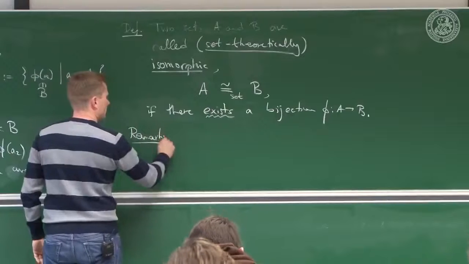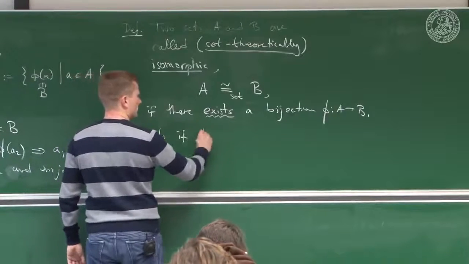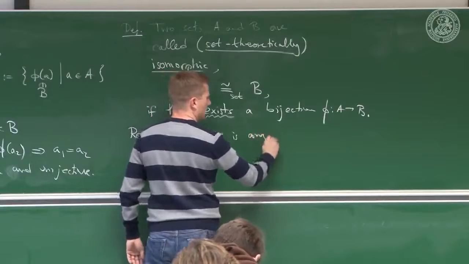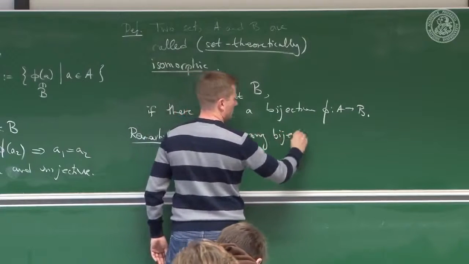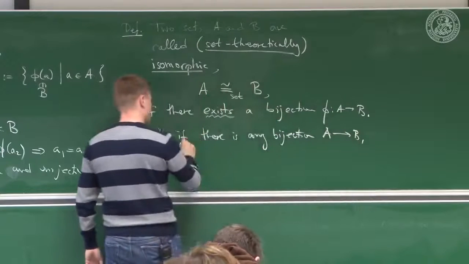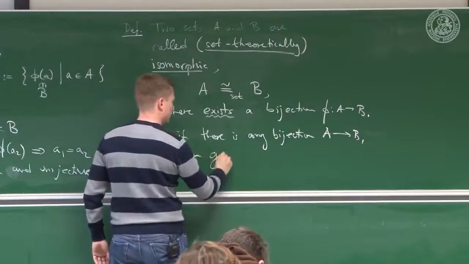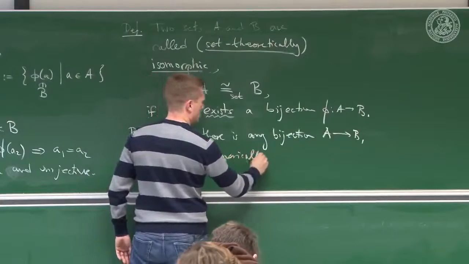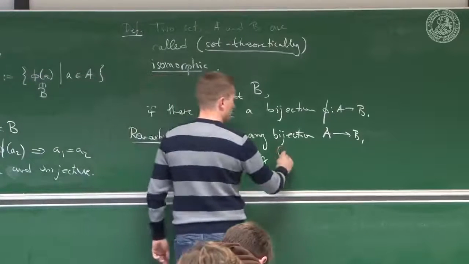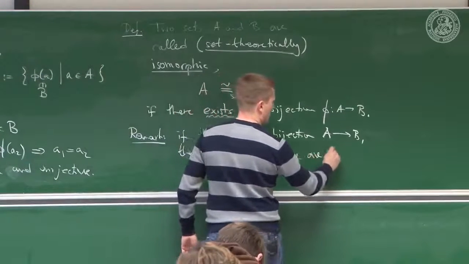Important remark: if there is any bijection at all from A to B, then generically, that means only in exceptional cases it's not the case, there are many.